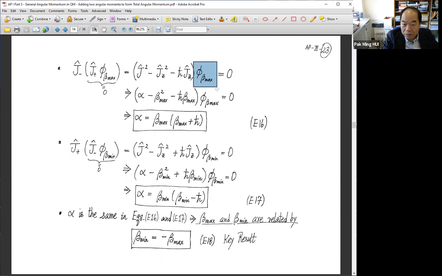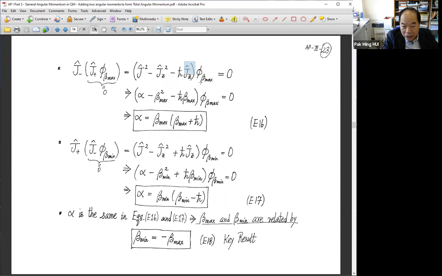We have shown this remains an eigenstate of J squared with the same eigenvalue alpha. So the first term gives us an eigenvalue. We have shown that this is the highest eigenvalue of JZ, that takes on beta maximum. So JZ squared will give us beta maximum squared.